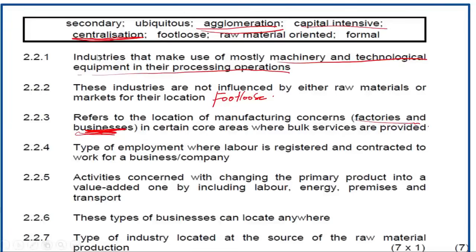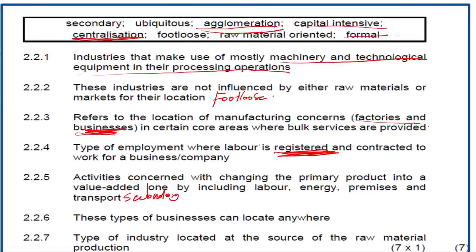Okay. Now, type of employment where labor is registered. Once they speak of registered, it simply means that this is formal business. Activities concerned with changing the primary products into value added ones by including labor, energy, premises. So what is this thing here? This one is secondary.